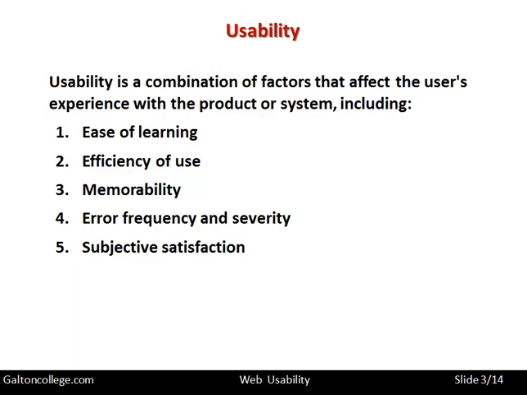Now, usability is a combination of factors that affect the user's experience with a product or system. These include, and I've got a little list here, ease of learning, efficiency of use, memorability, error frequency and the severity of the errors, and subjective satisfaction.